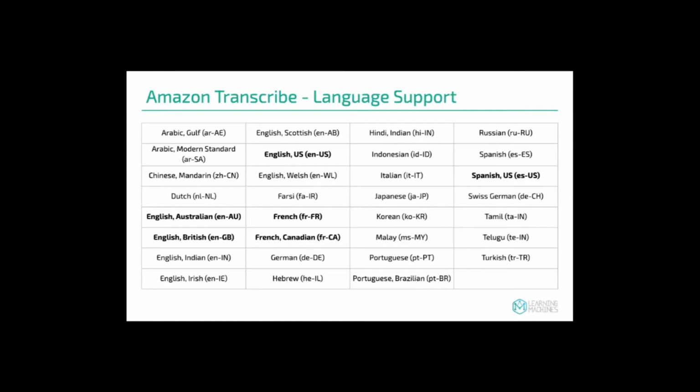If you take English, there's US, British or Australian versions of those languages. The languages in bold there, specifically in the English, French, and Spanish domain, can be done in real time. So that's quite a nifty feature from Amazon Transcribe.